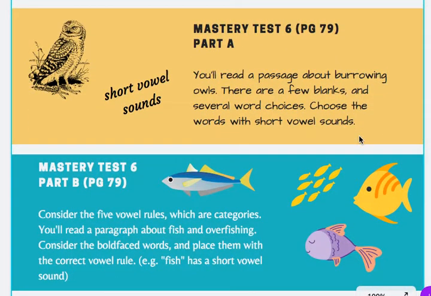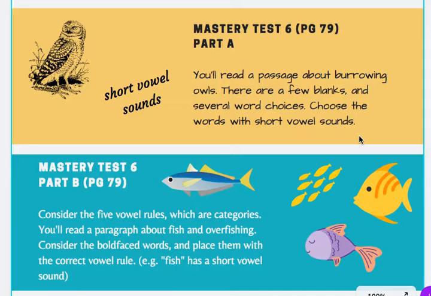This is on page 79. Part A of this was a paragraph to do with the burrowing owl. And this one was about recognizing words with short vowel sounds. So you'll read the passage about burrowing owls, and I think I split it into two questions, right? And there are a few blanks and several word choices.